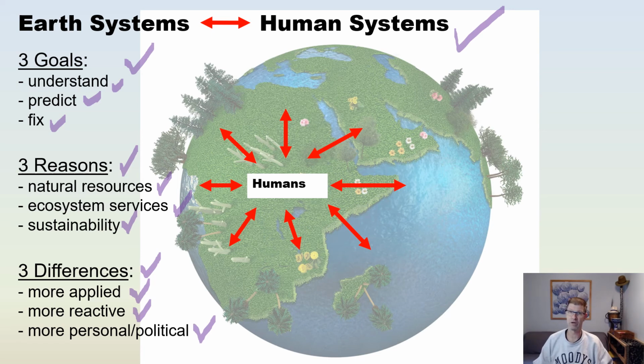Personal, political, touchy. Okay, so 3 goals, 3 reasons, 3 differences. These aren't facts. These are just my take on how environmental science is maybe different from what's happening in other science courses.